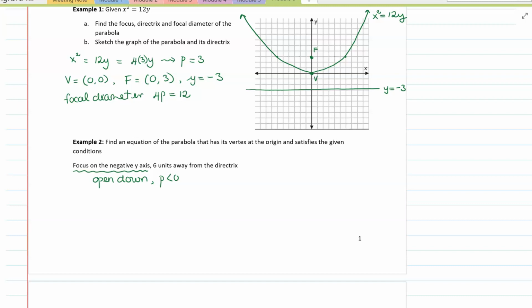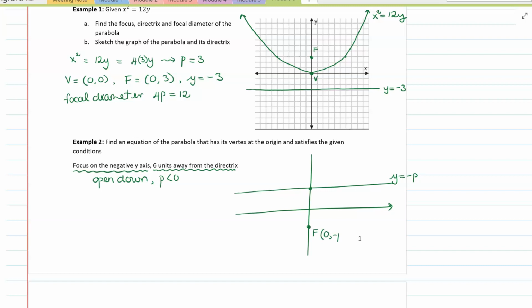And the focus is 6 units away from the directrix. Let's make a rough sketch of it. This is the line of the directrix, y equals negative p, and this is the focus point (0, negative p).